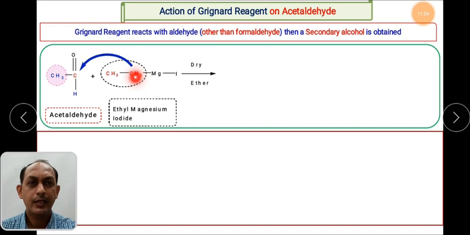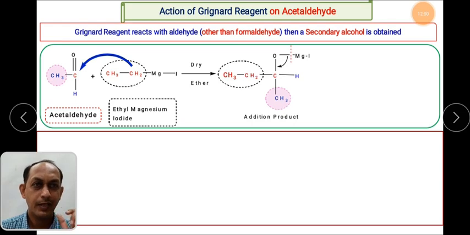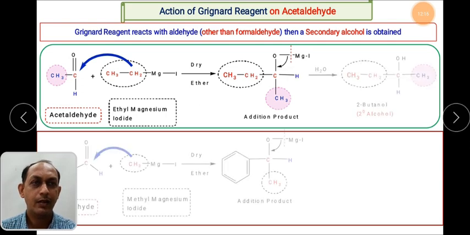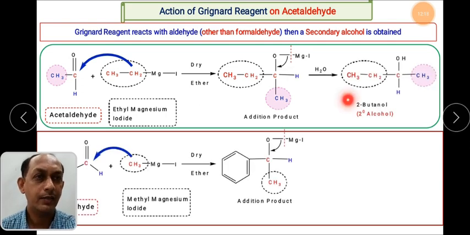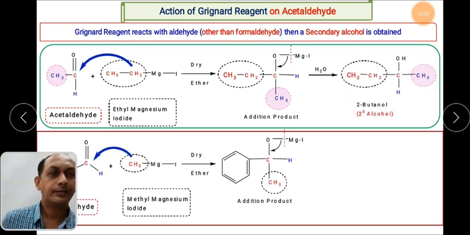So there is a bond formation between this carbon and the carbonyl carbon in the addition product. Can you see it? So this carbon is the carbonyl carbon which is attached to the C2H5 group, which is attached to the CH3 group. This particular group is coming from acetaldehyde, and OMgI. This is the addition product which undergoes hydrolysis, and on hydrolysis you will get this particular product.